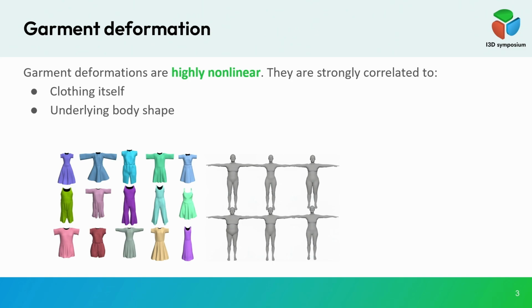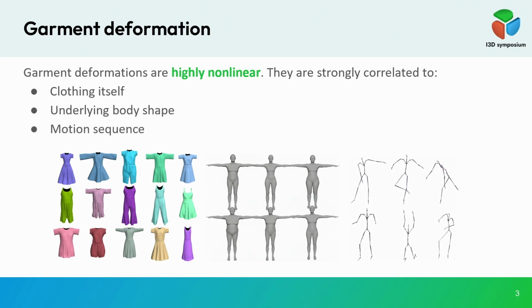Moreover, the body shape of the characters and the character motions also greatly influence how the garment deforms. And these factors are linked, making precise modeling of cloth a difficult job.